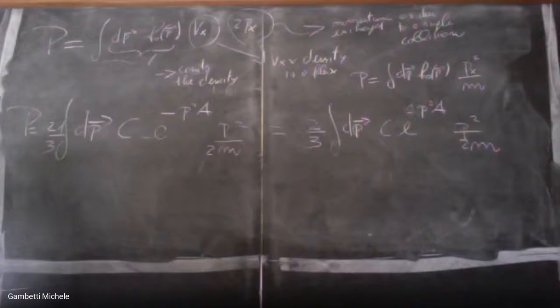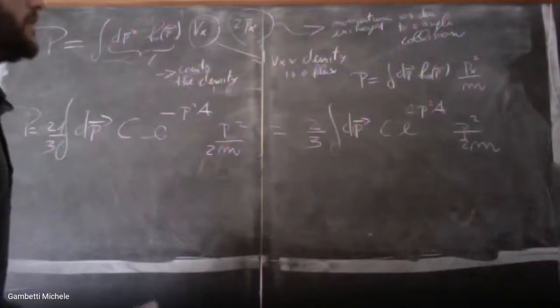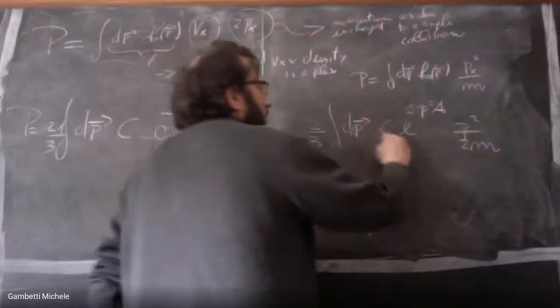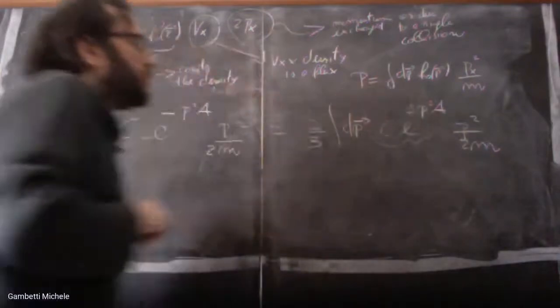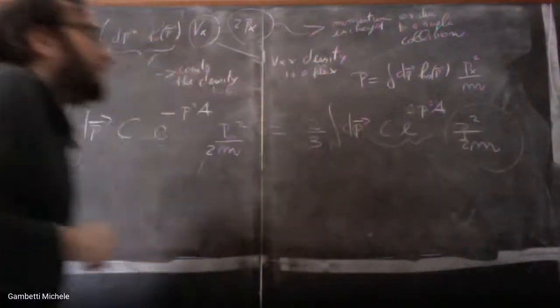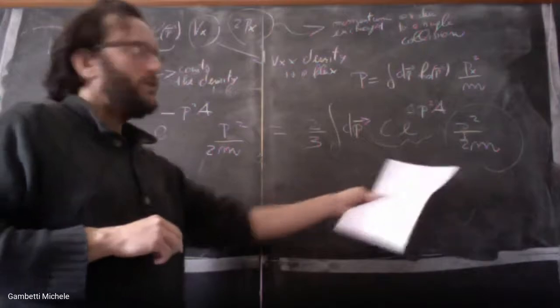Now, this expression must be compared with the expression of the internal energy, because here we see that we have a probability distribution times the kinetic energy, so this corresponds basically to the average kinetic energy.